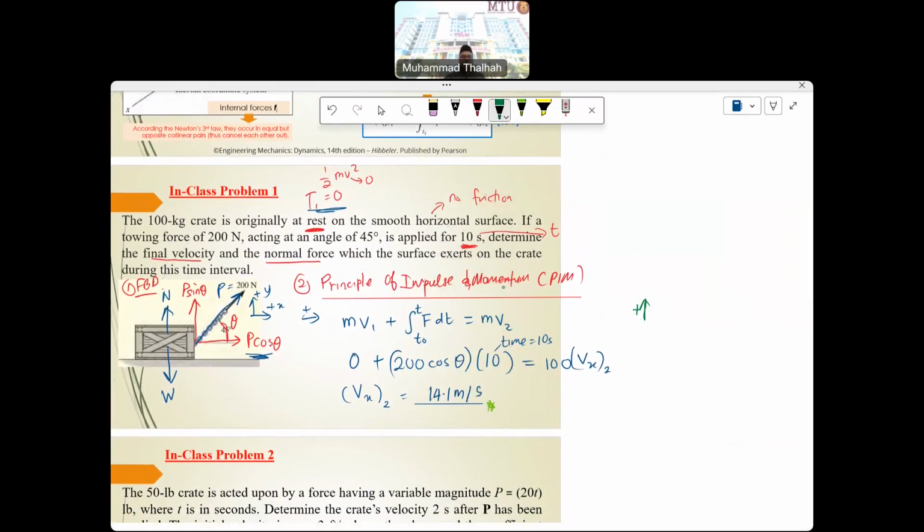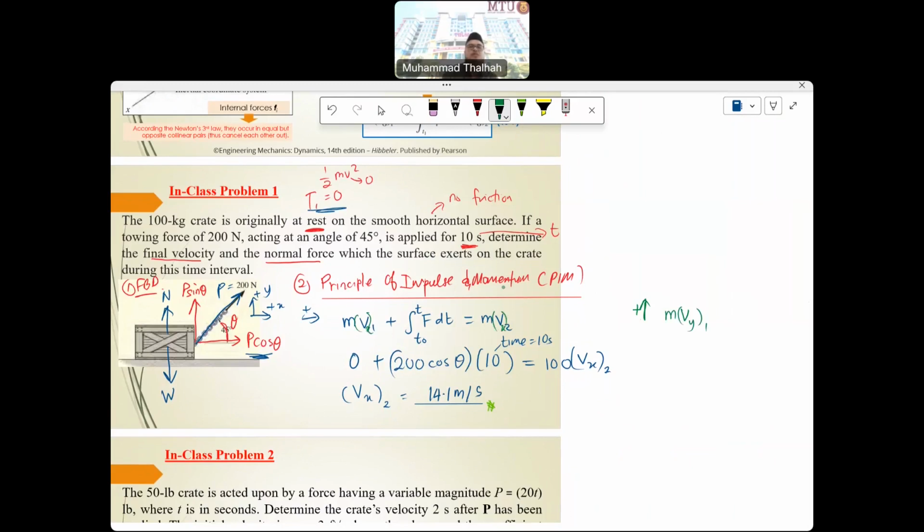So going up, okay, same thing, principle of impulse and momentum. We're gonna have m v y, right? 1. You know what? I'm gonna put the x also here, mvx and mvx2.